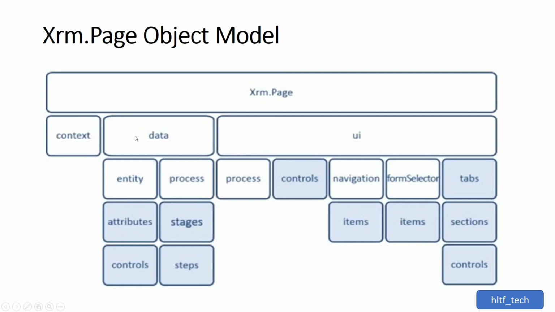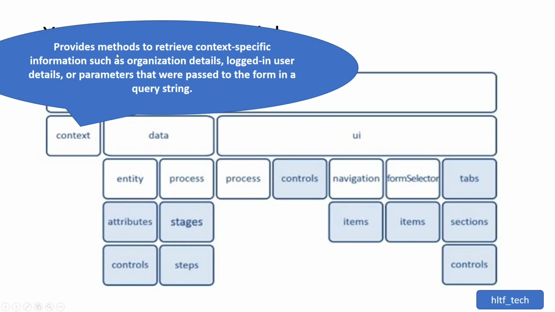The context provides methods to retrieve context-specific information such as organization details, logged-in user details, or parameters that were passed to the form in a query string. That includes security roles as well, the type of access permissions for that user, and different types of such behaviors are passed to the context part.